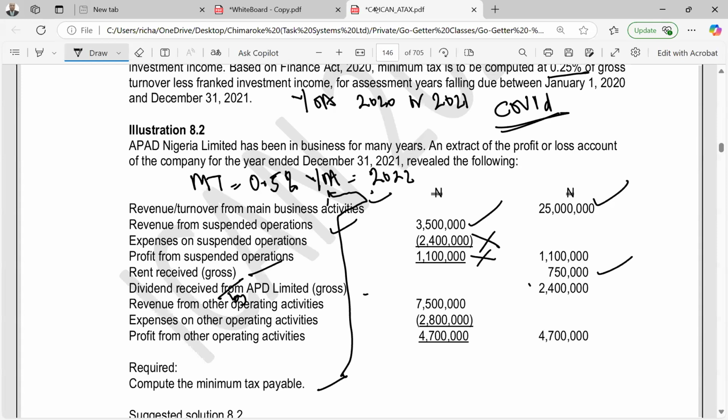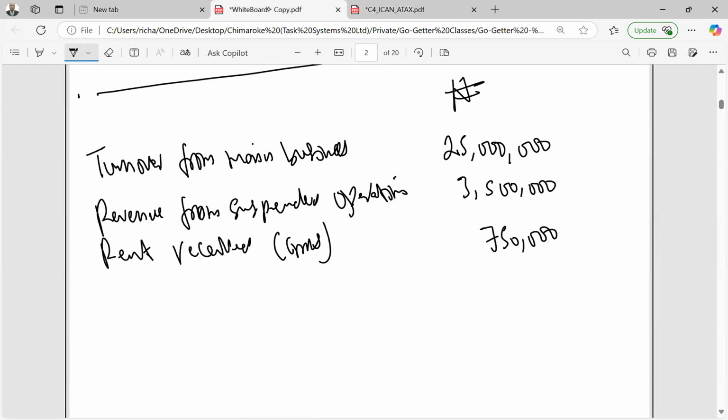So it is by, it means the ones receiving it, which is 2.4 million. We take it as revenue, let me call it dividend received, gross, 2.4 million.